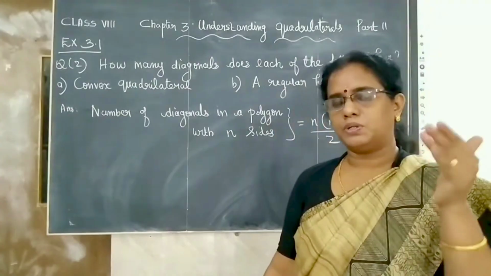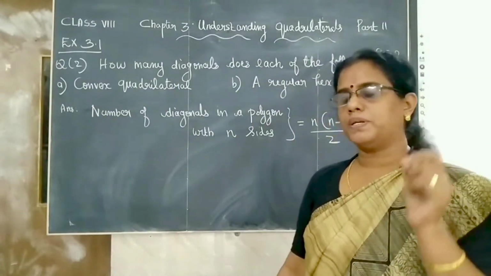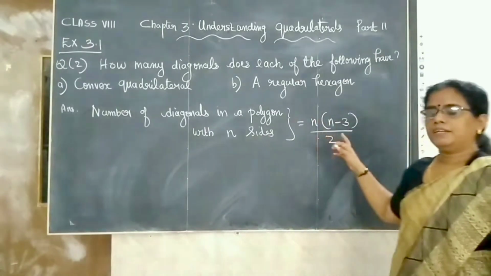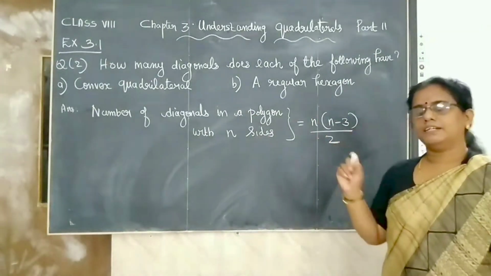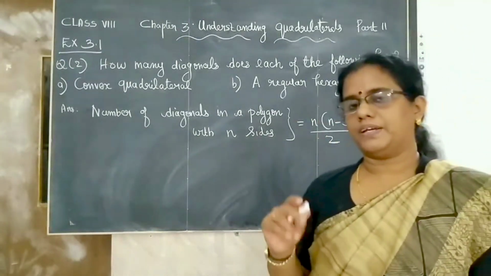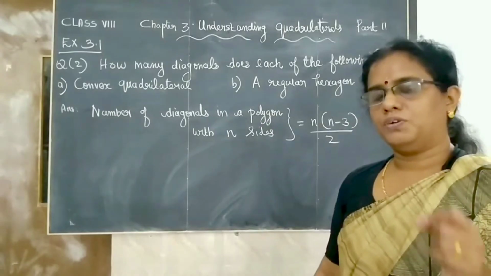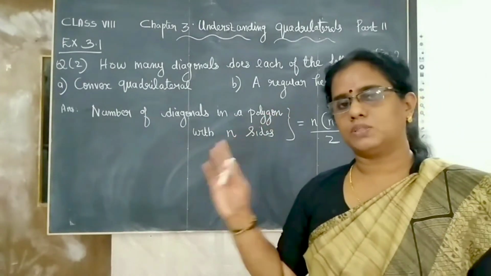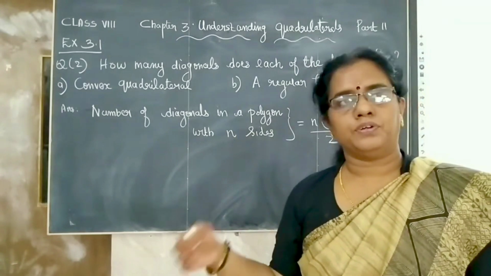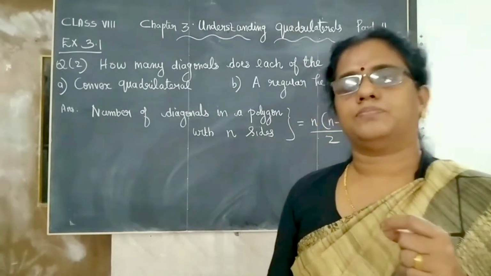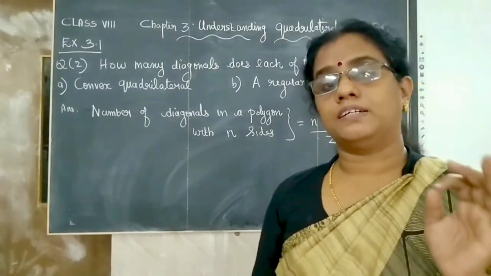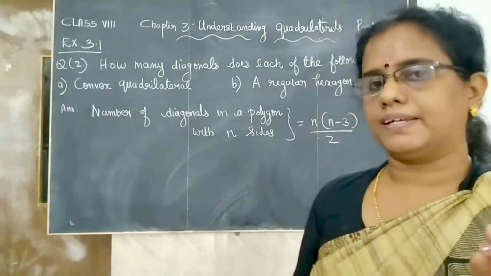We can find out, without drawing, how many diagonals we can draw using this equation: n into n minus 3 divided by 2, where n is the number of sides. Here this is a convex quadrilateral. Therefore all the quadrilaterals have 4 sides, that is, any 4-sided figure is called a quadrilateral.